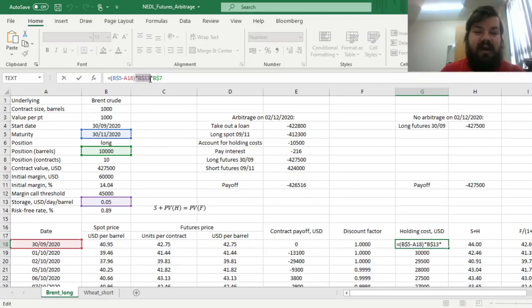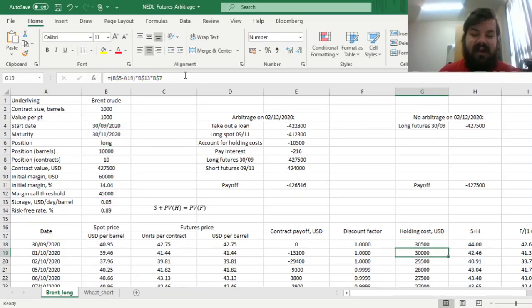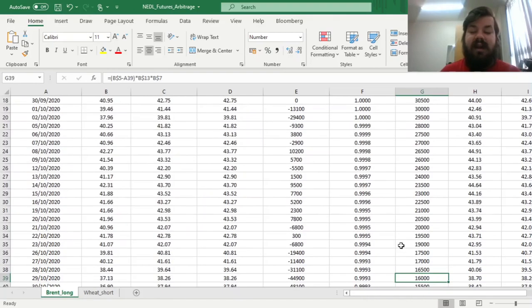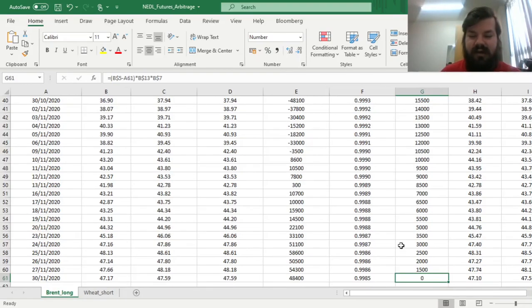Then we need to multiply it by how many barrels we need to store, 10,000 in that case, and multiply it by the fee per day per barrel, 5 cents in this case, so $0.05. And here we can see that if we want to store our oil for 2 months, we would need to pay more than $30,000 upfront for storage, and this slowly decreases as we need less and less time to store it as we go further into the lifetime of our futures contract.